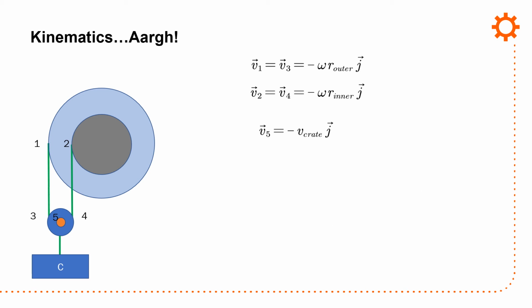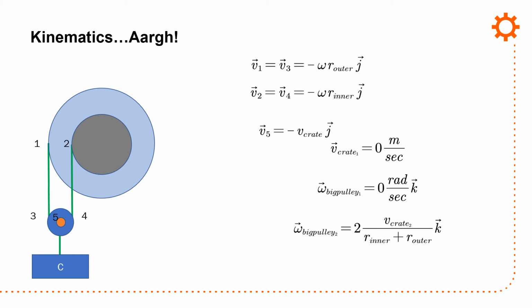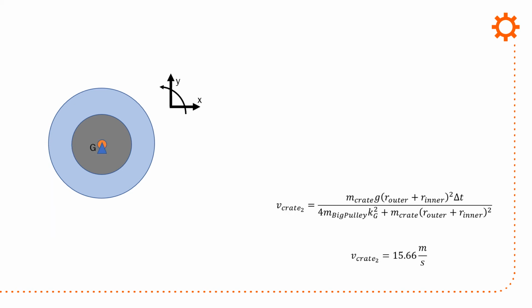And you then have the velocity of the crate, omega of the pulley 1, and you have the velocity of the pulley, omega of the pulley 2, which you know is the velocity of the crate times 2 over R inner plus R outer, in the k direction. So you've got all of that, so not so bad.